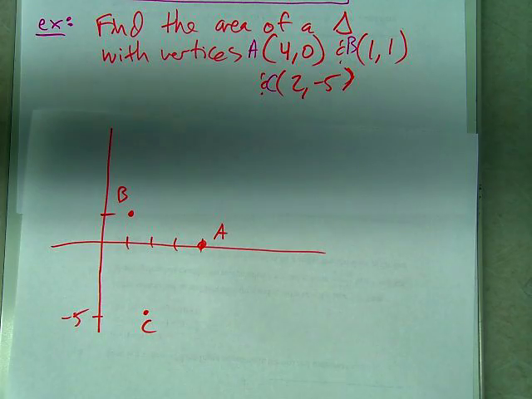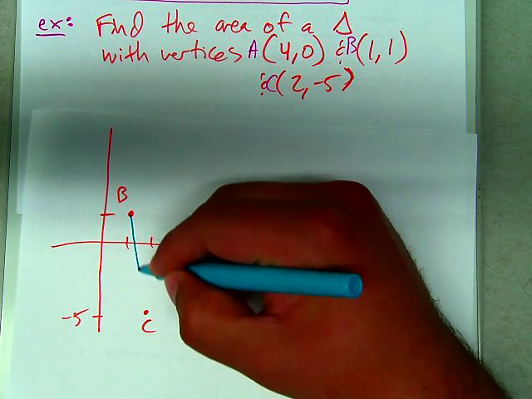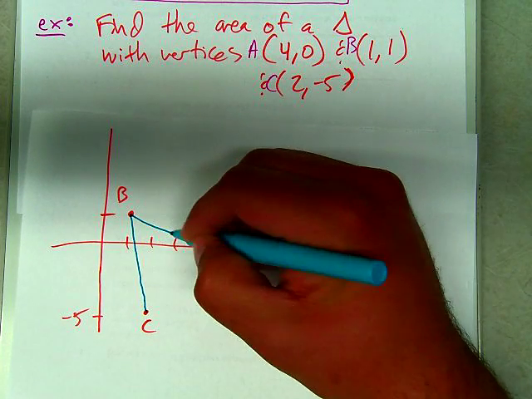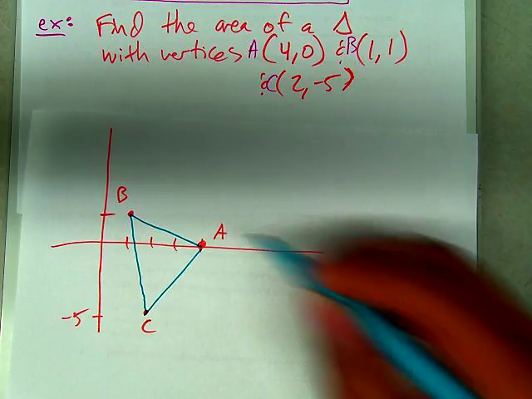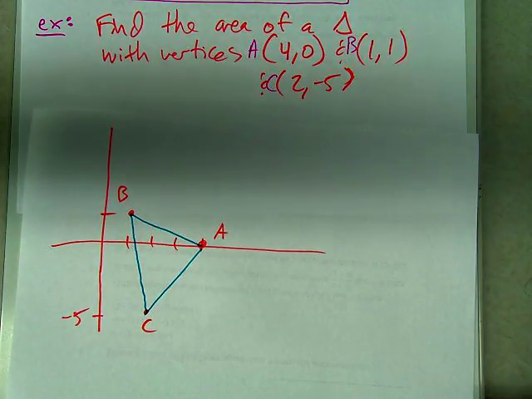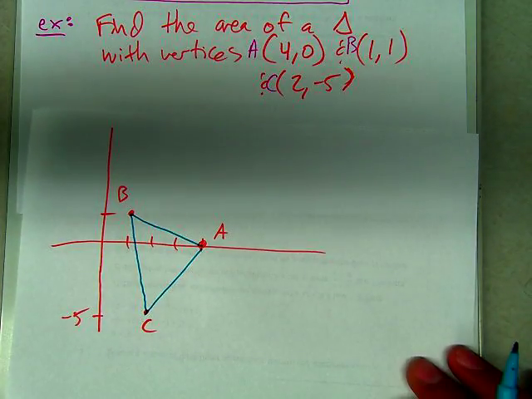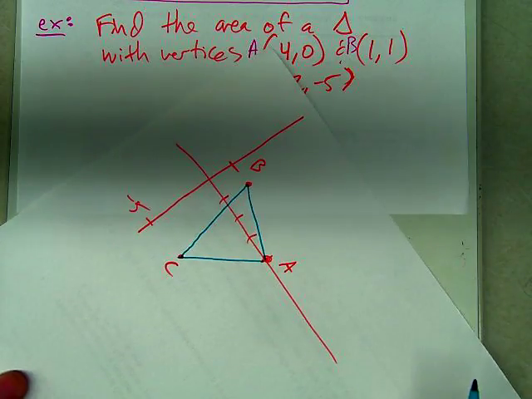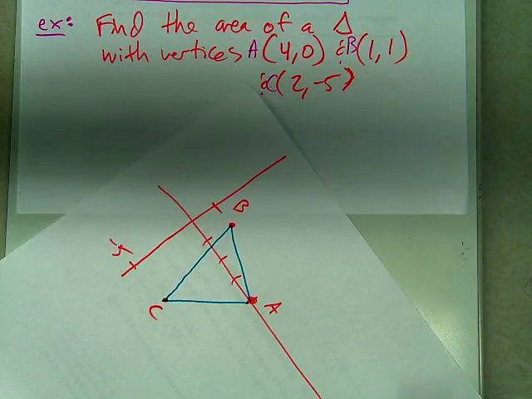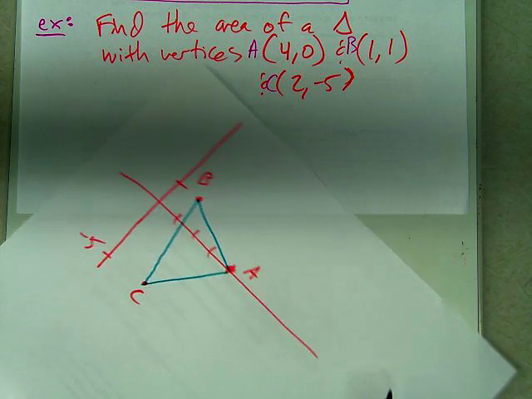And this is the triangle that we need to find the area for. Just to make sure you see, we do not have any right angles. We cannot assume that, even if they look like they are right angles. Okay?